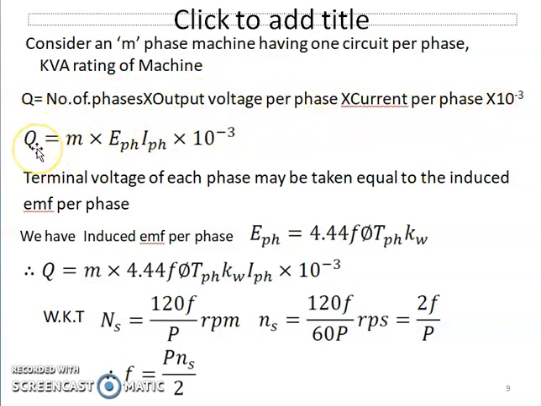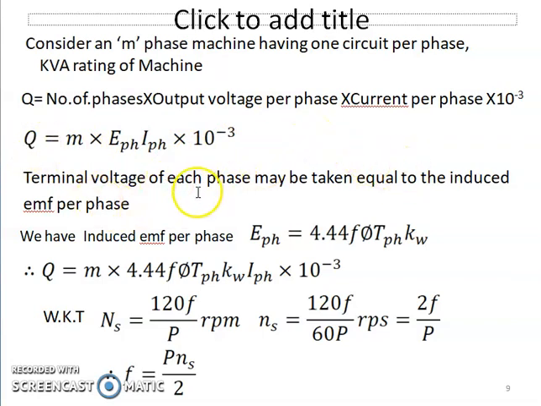Mathematically, this Q is expressed as number of phases is taken as M, output voltage per phase is EPH, and current per phase is IPH into, as Q is always expressed in terms of kVA, this whole term is multiplied by 10 to the power of minus 3 to have this Q in kVA.